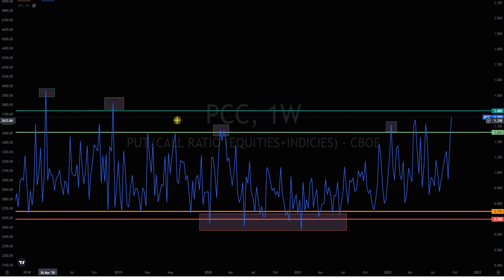So when this blue line is spiking up, it means the number of put options is extremely over call options. Basically it means people are shorting the market.